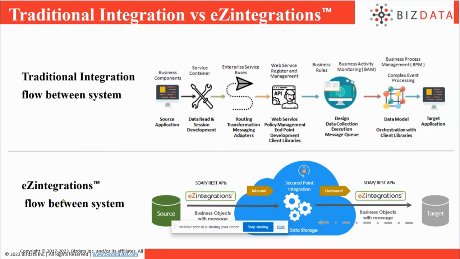Down below, with a system like eZintegrations, all the integrations can be built on the fly. You have the ability to integrate cloud, on-premise, B2B, EDI, social, mobile, data warehouses, and so forth. It starts with the source, going through a SOAP REST API connection, routing it through an inbound message, building the integration, and with the outbound message, you can route it to your target, also via a SOAP REST API.